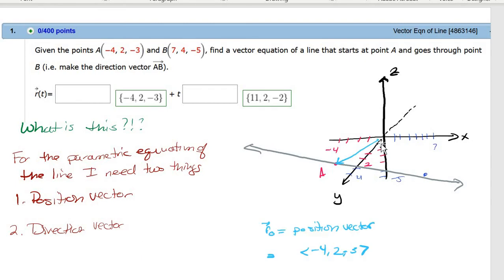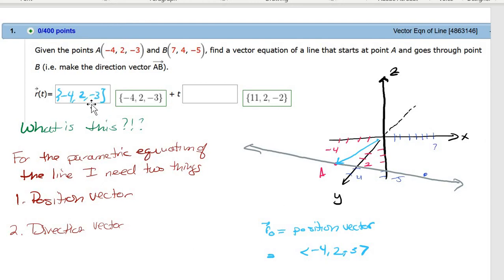If I start at the origin and go up to point A, that's an example of a position vector. I've now found a way to start from the origin and end up at the line. If I consider this endpoint a pencil and I drew it back and forth across the line, that's multiples of what we call a direction vector.